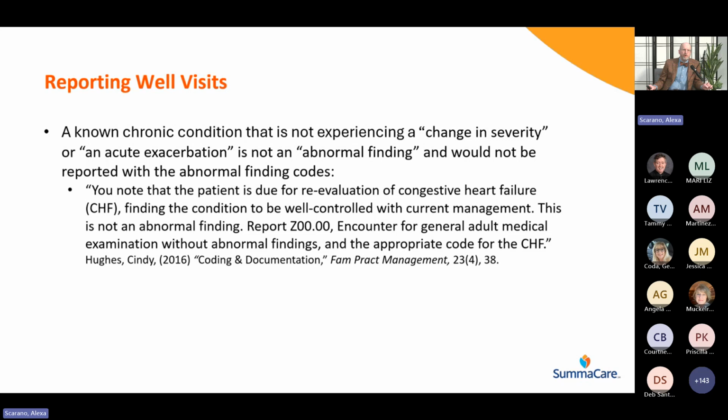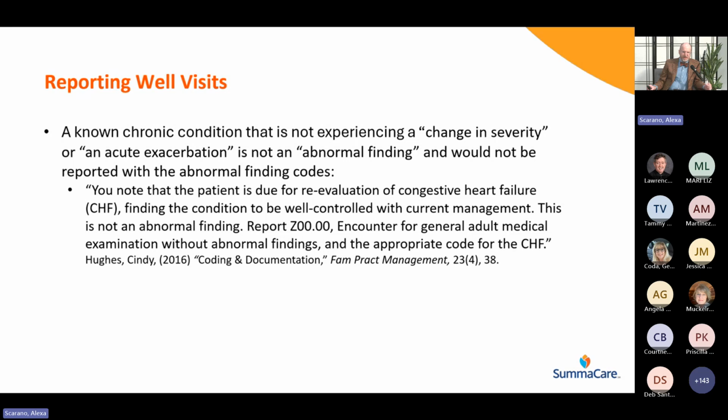Now, a chronic condition that is not experiencing a change in severity, is not experiencing an acute exacerbation, that is not an abnormal finding. It would not be reported as an abnormal finding and would not be reported with the abnormal finding code.